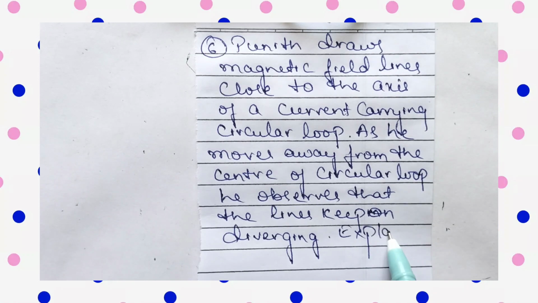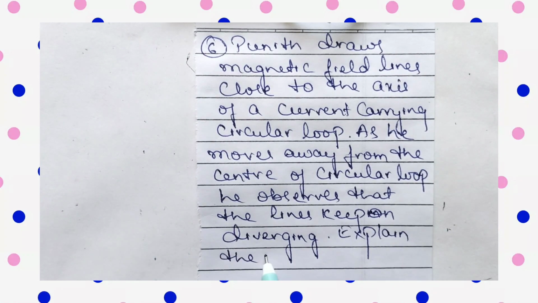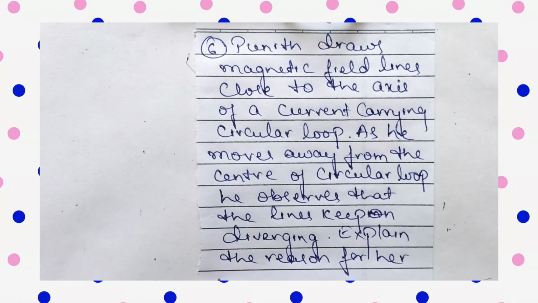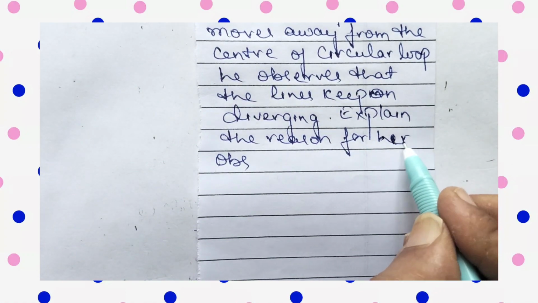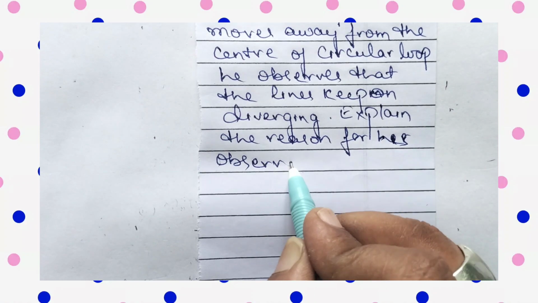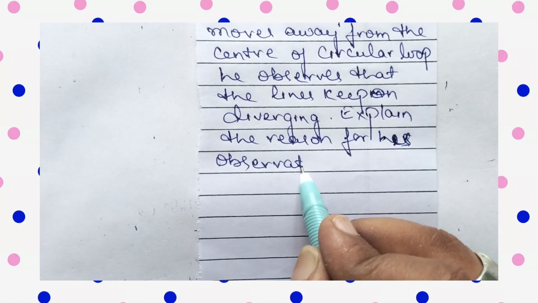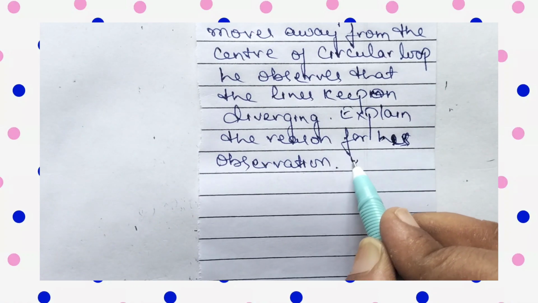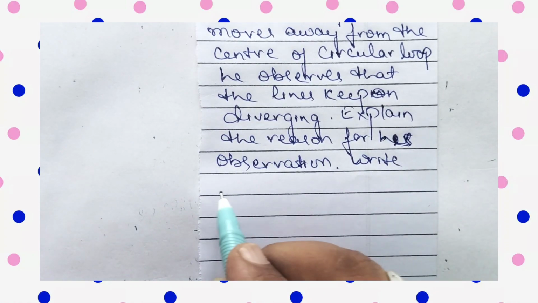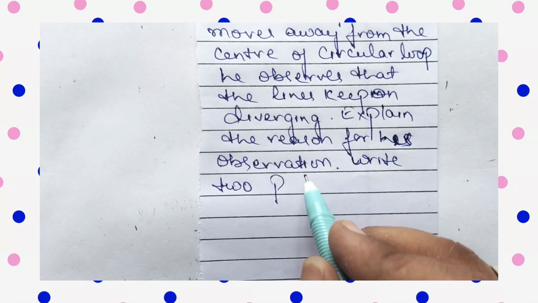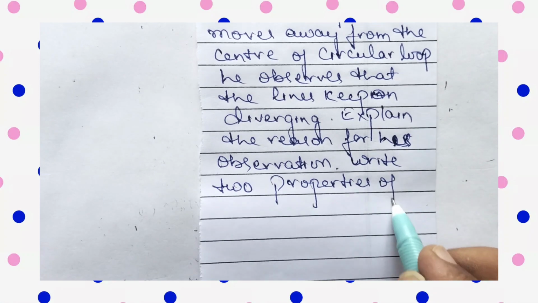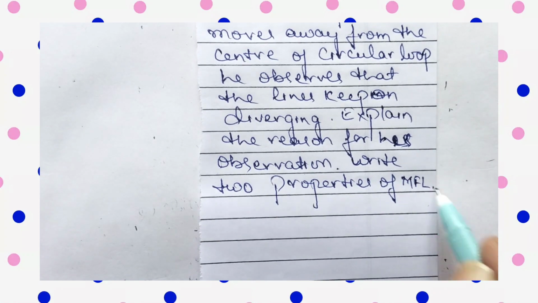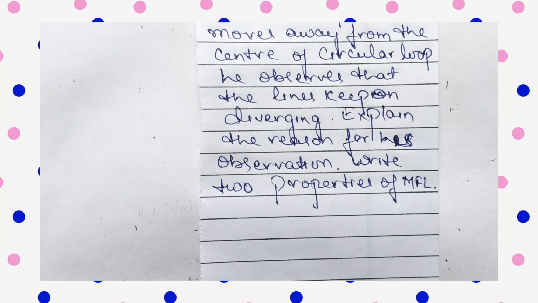Explain the reason for his observation. Then write two properties of magnetic field lines. So now let us answer this question.